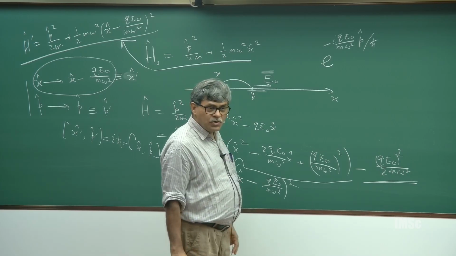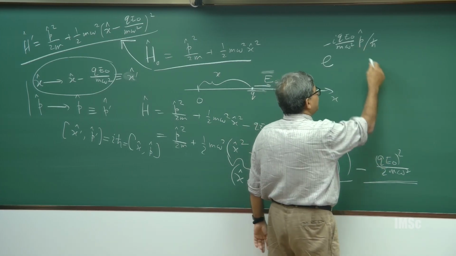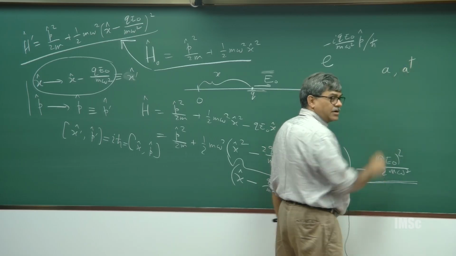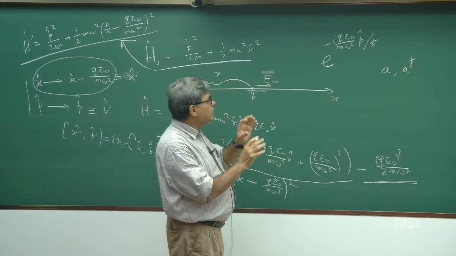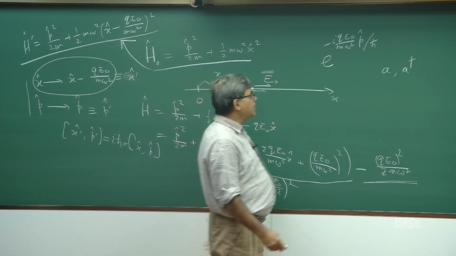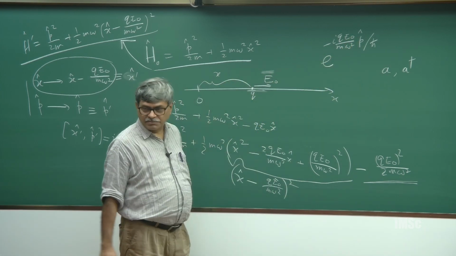So, now if I want to look at, so you know that I can express P in terms of A and A dagger, right. I will have to be a little bit careful about the units, because so far I have been using this dimensionless position and momentum, but this can also be done, right.